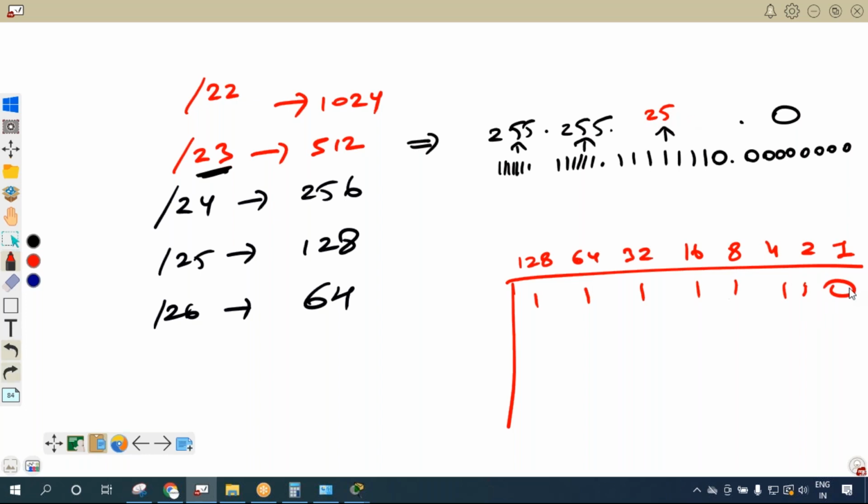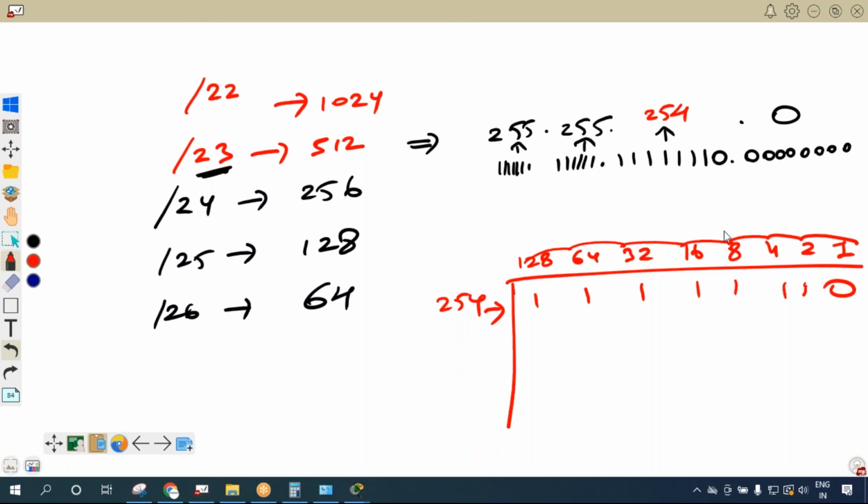Because if I put 1 here, it would be 255, so just that one is 0. I know that when it is all 1s, it is 255, so obviously this will be 254. If I add all of them, I will get 254 only. So the subnet mask becomes 255.255.254.0. This is the subnet mask.